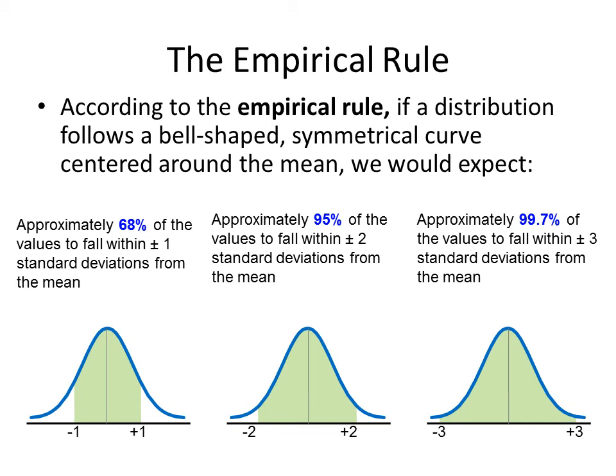Literally all of the observations are going to exist within 3 standard deviations of the mean. If we rank the top 3 theories in statistics, the empirical rule would be one of them.